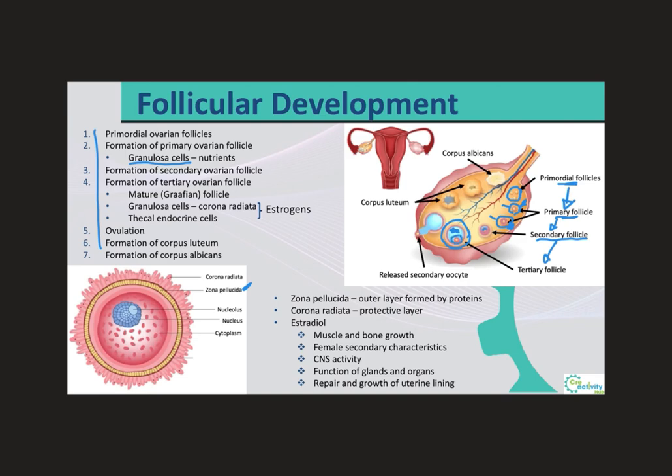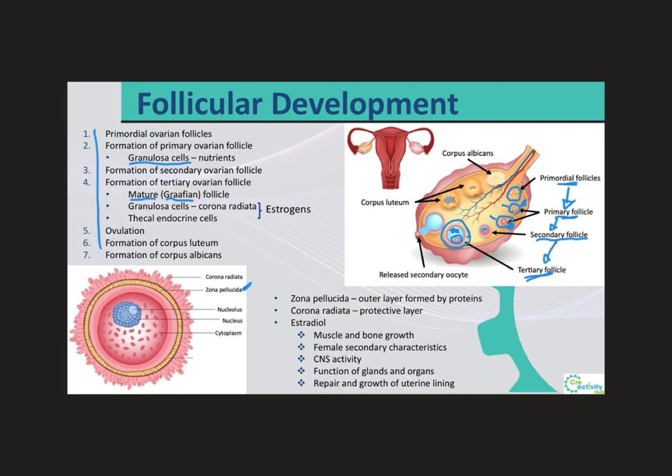The secondary follicle as a whole has doubled in size and is now called the tertiary follicle. This tertiary follicle can also be called a mature or Graafian follicle, which will continue to grow and accumulate follicular fluid. Its large size will create a prominent bulge in the surface of the ovary.